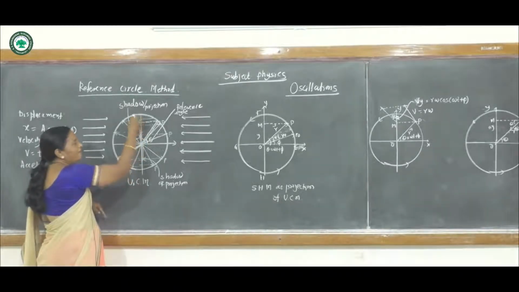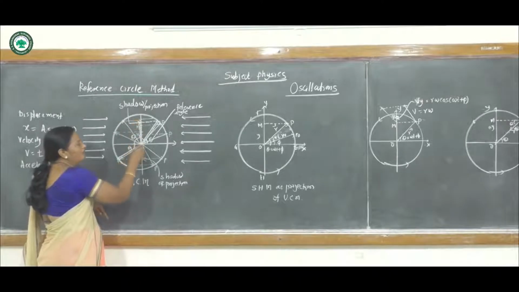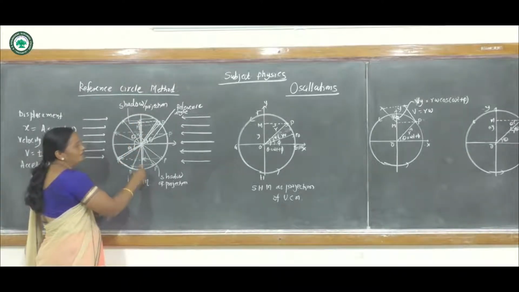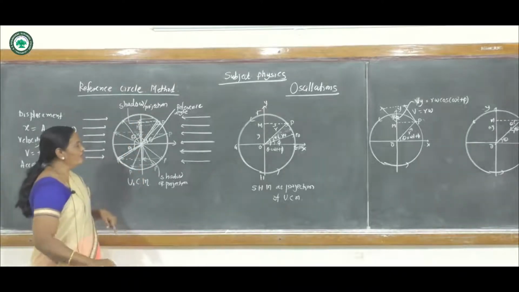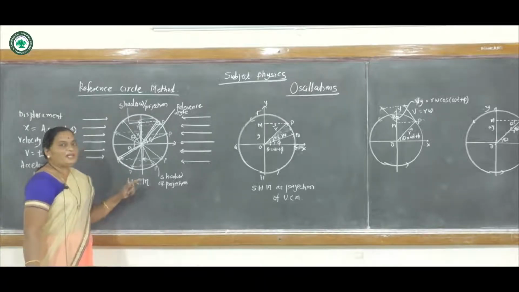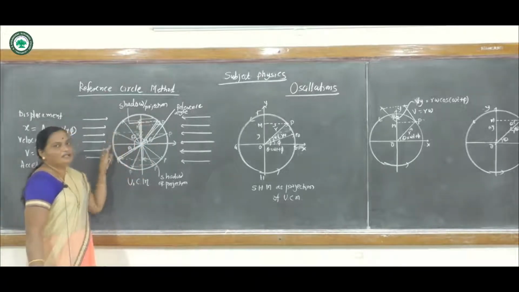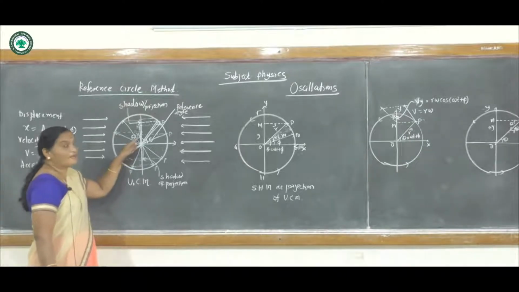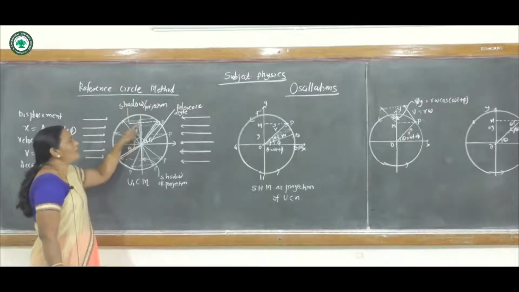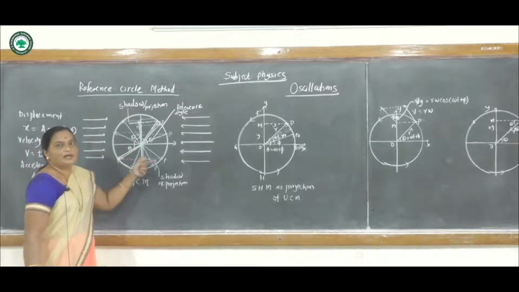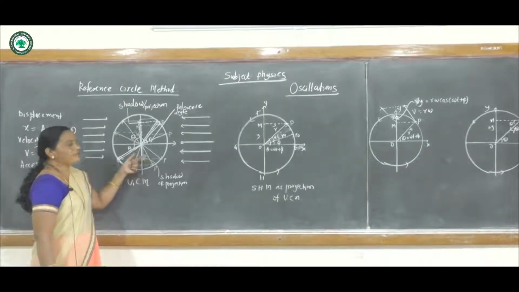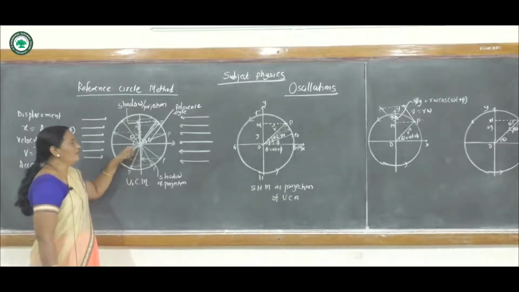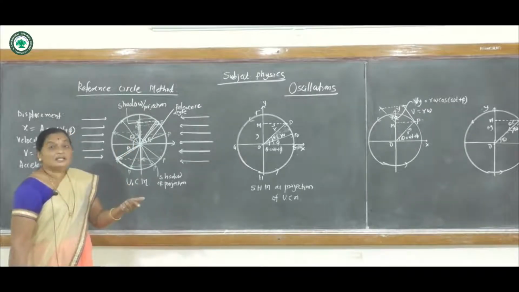Then if it revolves, again it is on this diameter. Thus we can say that as particle P revolves along the circumference of the circle, particle M performs simple harmonic motion about the diameter.